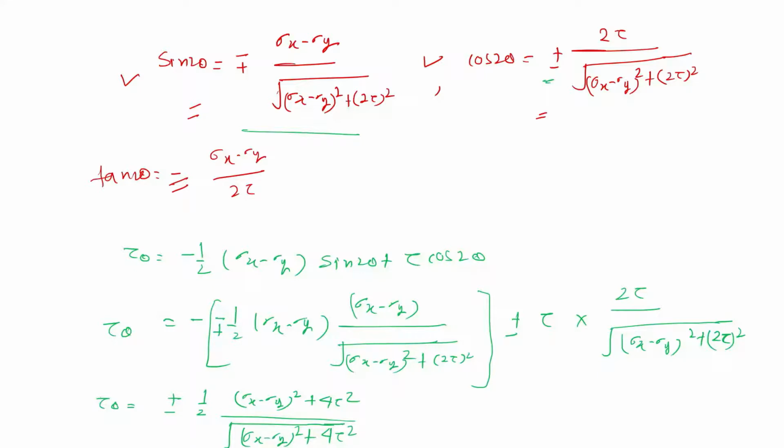Simplifying further, we get tau theta is equal to plus minus 1 by 2 under root (sigma x minus sigma y) whole square plus 4 tau square.